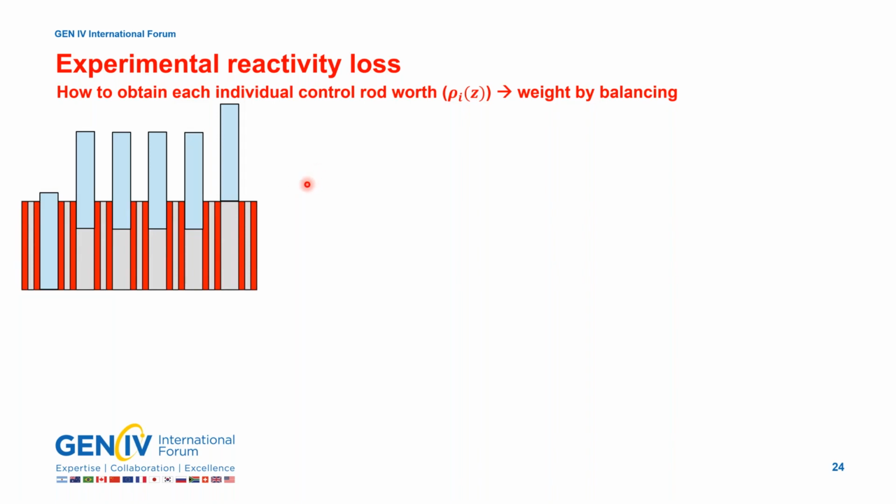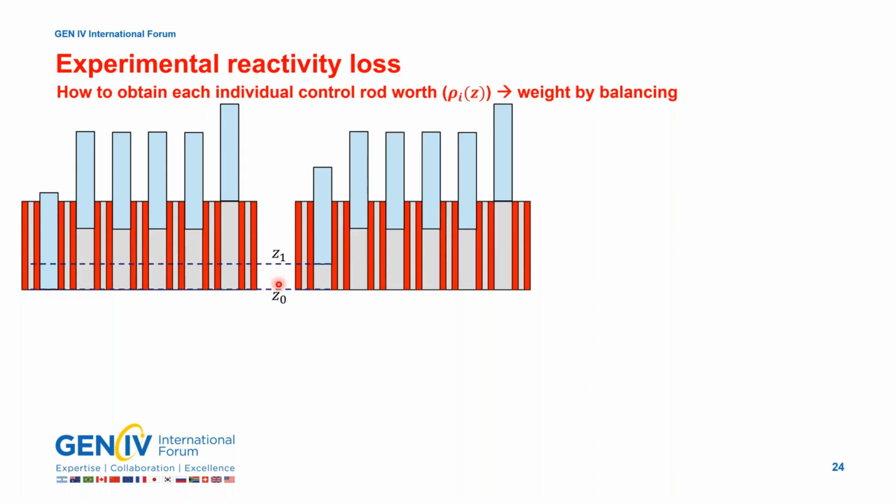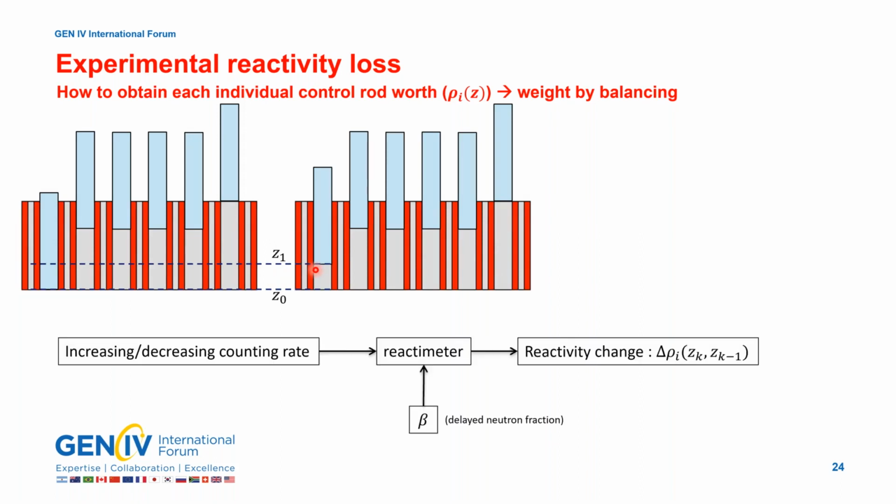So how was it possible to perform such a measurement? You take one control rod that you fully insert inside the core. You take the other one that you fully extract outside the core, and you position the other one so that the reactor is critical. So at this step, you are at zero power, cold temperature, and you are critical. In that state, you will slightly extract one control rod, and this extraction will induce a positive reactivity that will increase the counting rate inside the fission chamber.